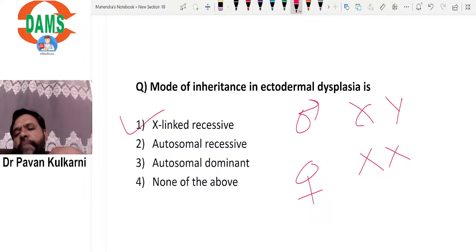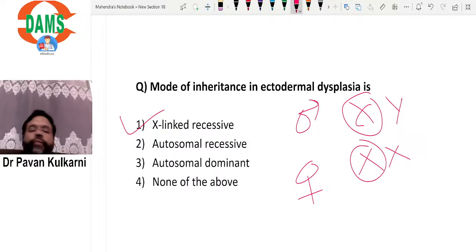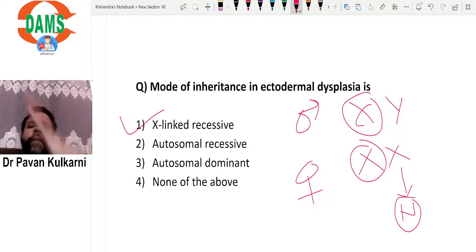What happens in ectodermal dysplasia is one X chromosome will always be defective, whereas in females one X chromosome is normal. Males have only one X chromosome and that X chromosome is already diseased. I mean to say it is mutated. So ectodermal dysplasia typically affects males, whereas females are carriers.